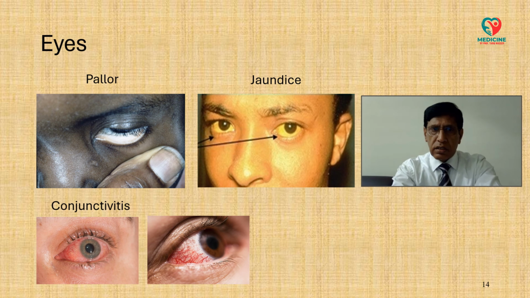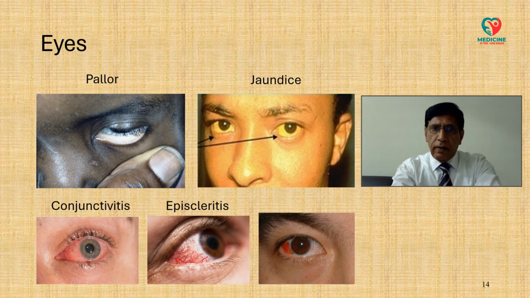There are slightly raised prominent vessels as well. This is episcleritis, which can be a manifestation of underlying autoimmune disorders, may be associated with rheumatoid arthritis or SLE or Sjogren syndrome.